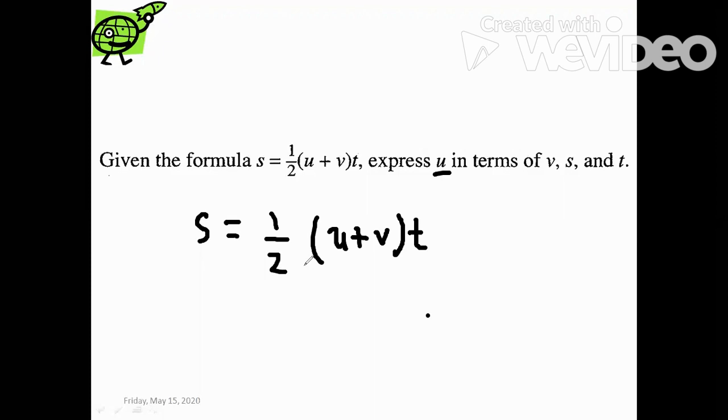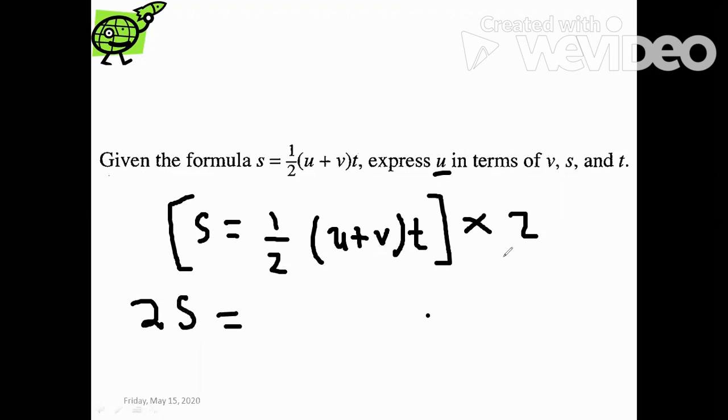So what we're going to do is multiply the whole thing by 2, because 2 times a half will give us 1. So that's my strategy. Multiply the entire formula by 2. So the 2 and s will give us 2s. 2 times a half will give us 1. So what we're left with is just u plus v with the t outside.